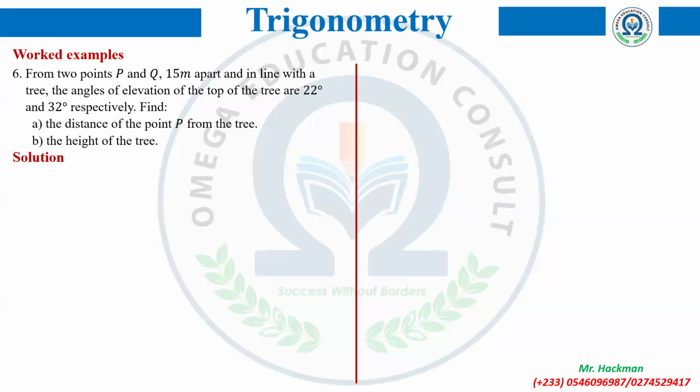So here, because we are talking of angles of elevation, we know that these 2 points P and Q should be below the top of the tree, so that you can elevate before seeing the top of the tree. So this is the situation.